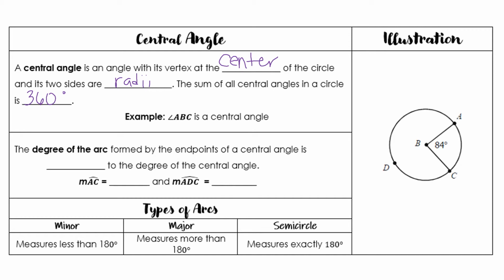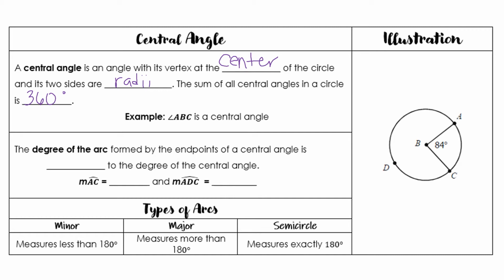Think central angle at the center. Remember, with angles, you can always use 3 letters, but making sure that the vertex is in the middle. So you could call that angle ABC or CBA. Because that is the only angle in the figure, you could also call it angle B.